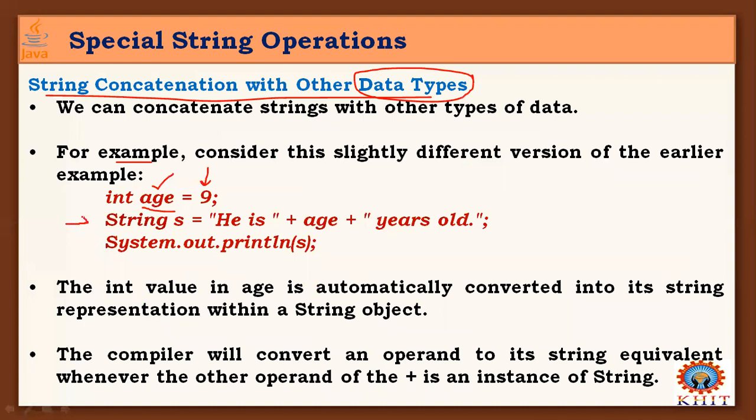And the same we have taken: string s plus a string literal, and age, an integer data type variable, not a string object, and another string literal in quotations. When we display this statement, the same output comes out: He is 9 years old.